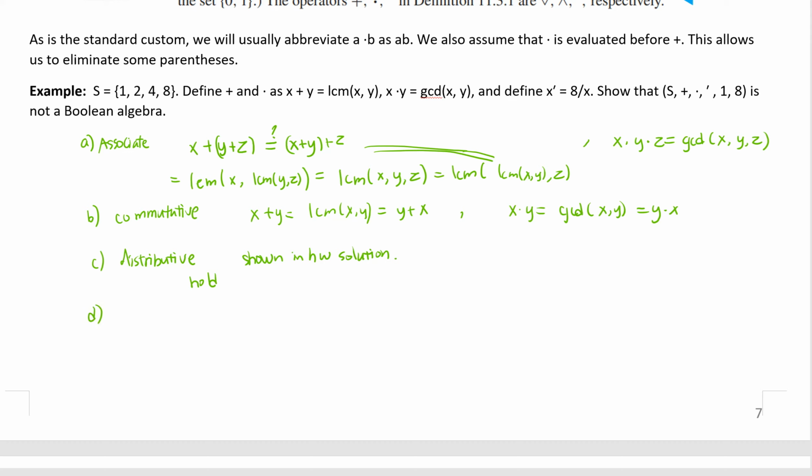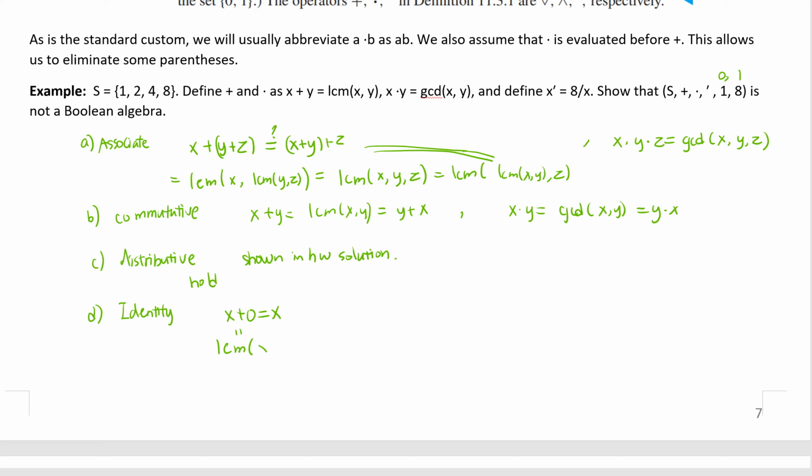D is the identity law. Okay, so what is that? We want to check whether x plus 0 is x. What does that mean? X plus 0, well, this plus is the least common multiple, but the 0 is like the 1, and the 1 represents the 8.